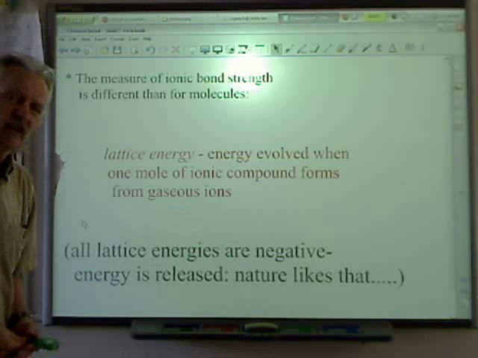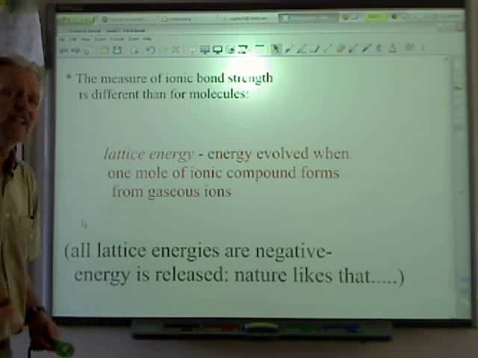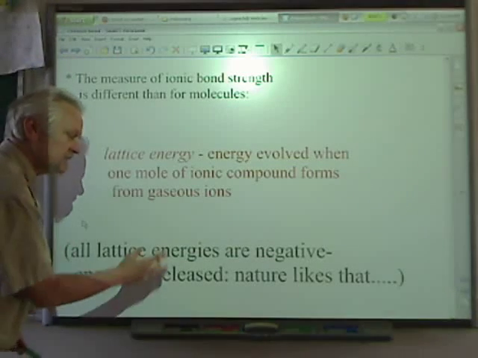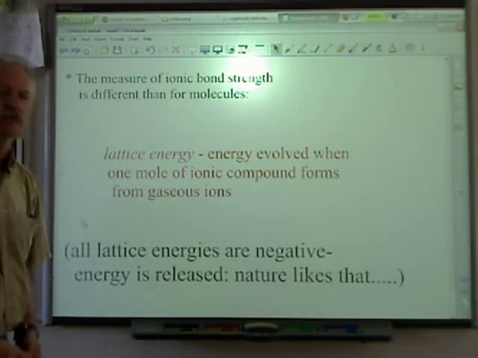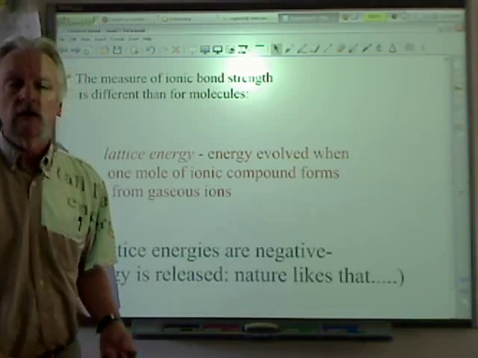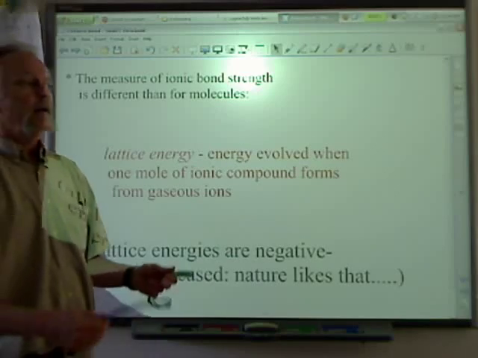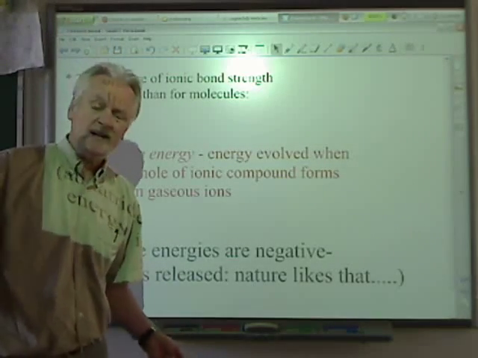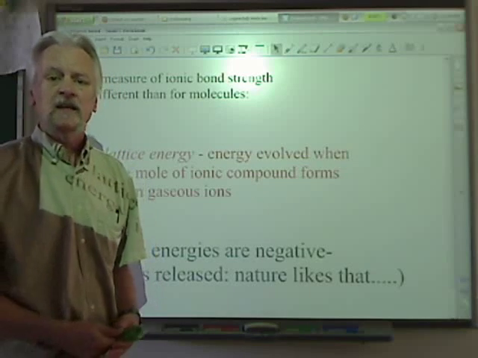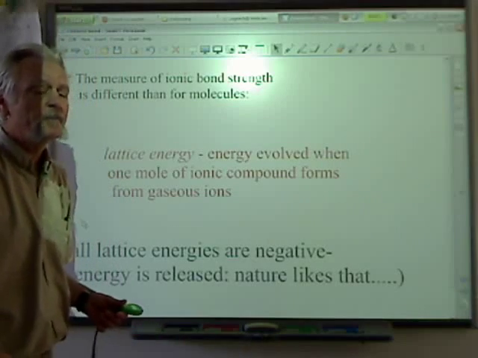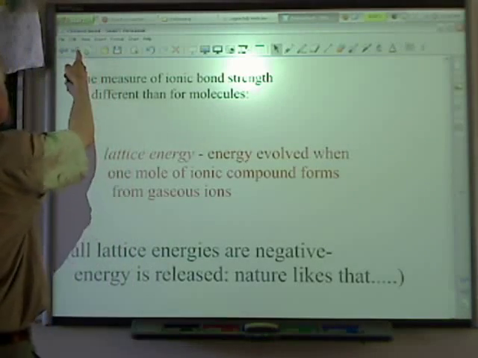Lattice energies are defined in this way, all going to be negative, exothermic, and of course, because nature favors the low system energy, the formation of these ionic compounds is going to be favored in nature, and there are many, many, many ionic compounds out there. All rocks are essentially ionic in their character, as well a variety of other minerals out there in nature.